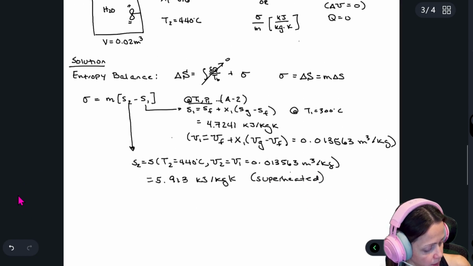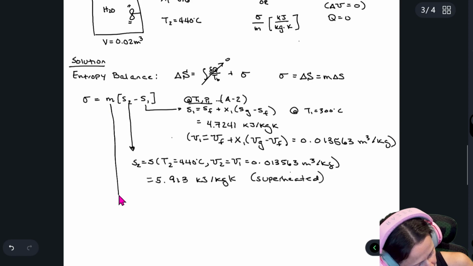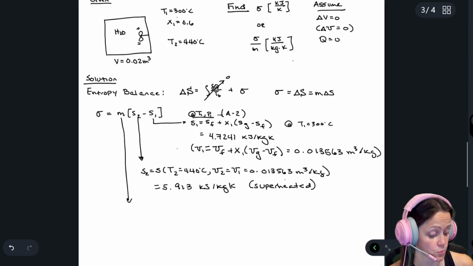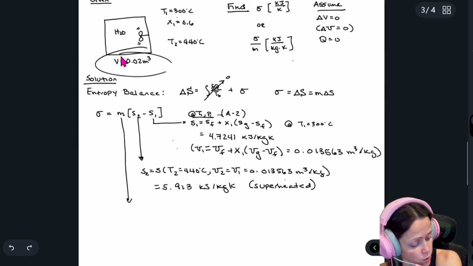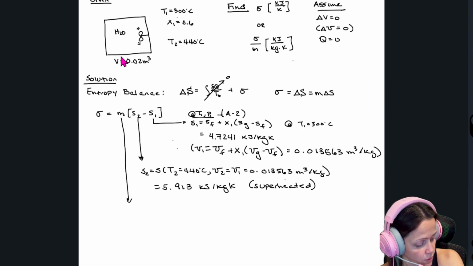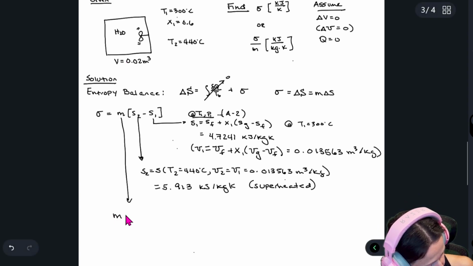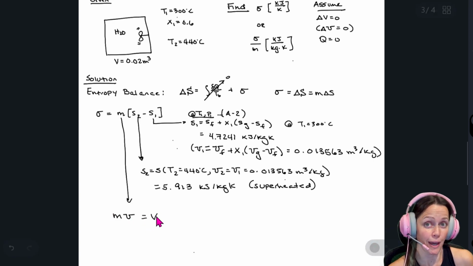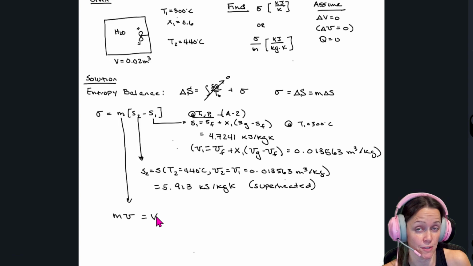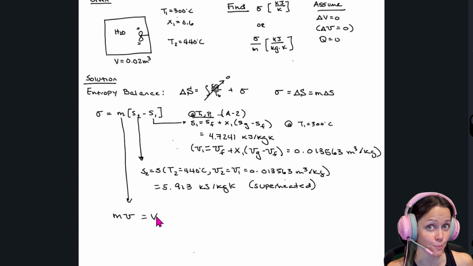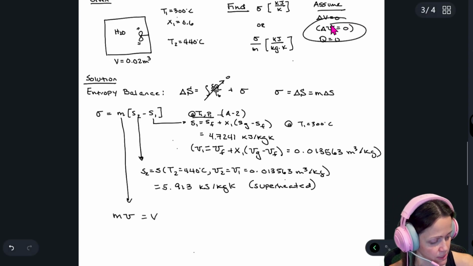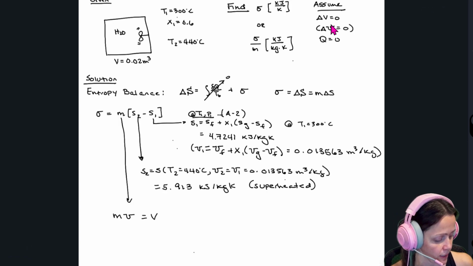And then, of course, my mass is related to the information that I know about volume. Mass times specific volume is equal to volume. It doesn't matter whether I'm talking about the specific volume at 1 or 2 because it's the same at state 1 or state 2. That was one of the assumptions I made because it's a rigid tank.